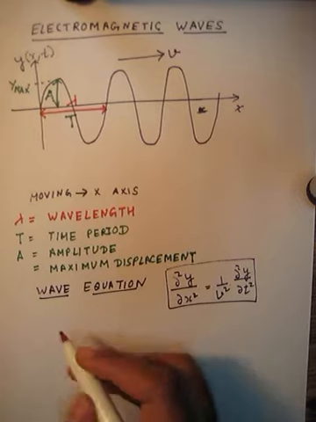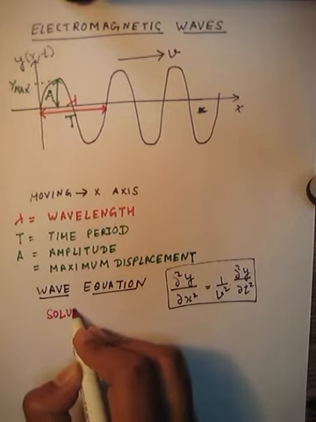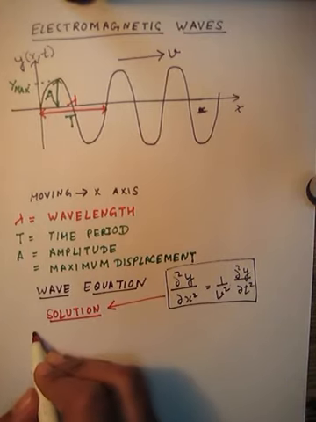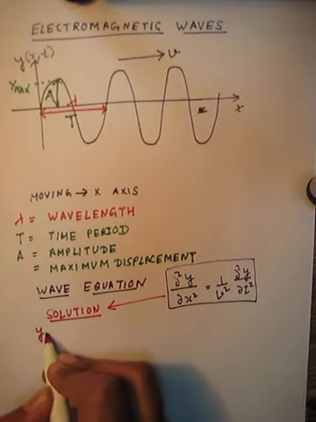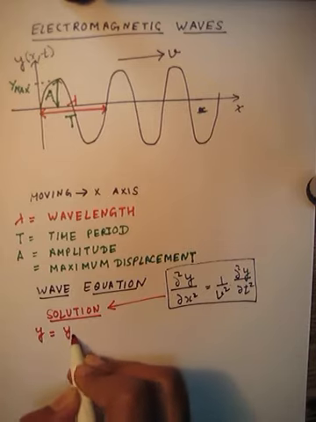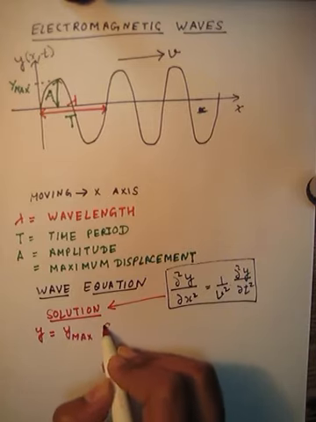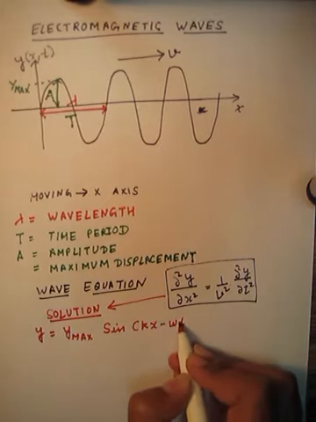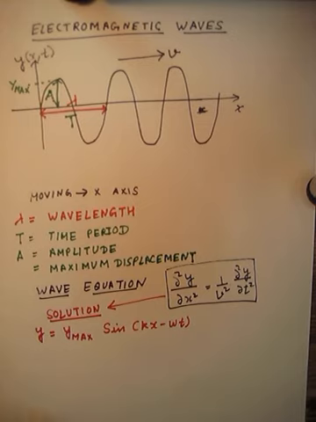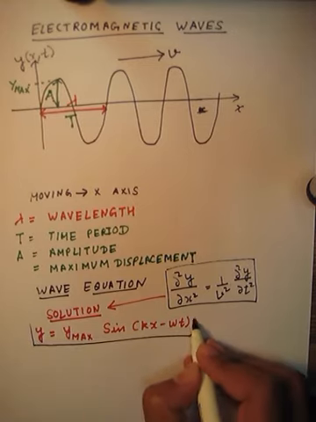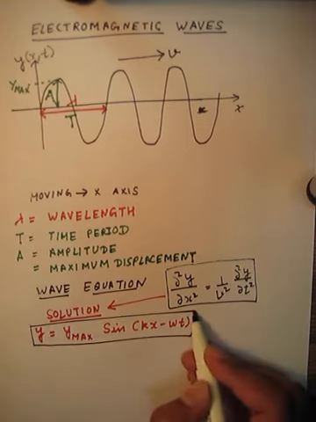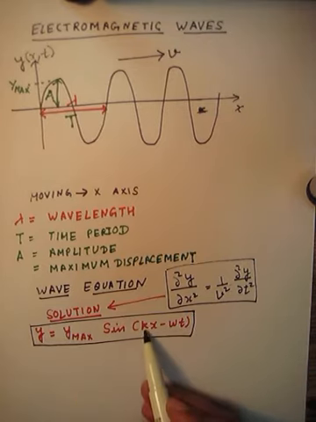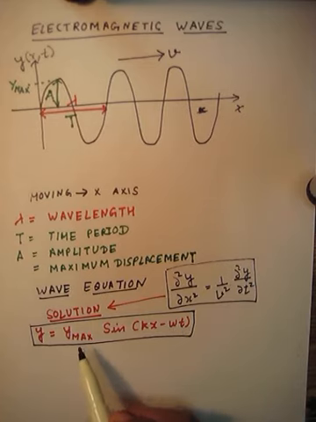Now the solution of this equation, this equation has a solution which could be given by y = y_max sin(kx − ωt). So if you know this equation, you can find everything about a wave. Like, now what all these quantities mean, what is k, what is omega, y maximum.